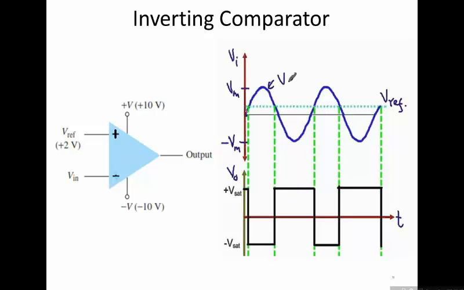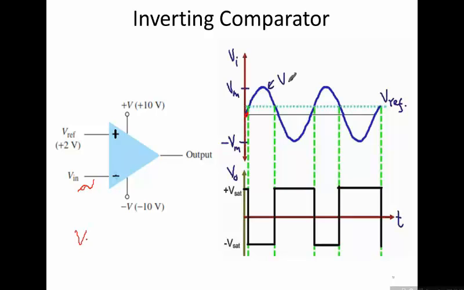Now again we start the analysis of the circuit by considering the input level starting from 0, that is at this point. So when the input is 0 volts here, then the voltage at the non-inverting terminal is plus 2 volts.